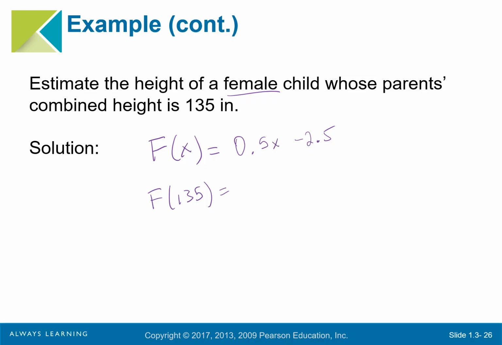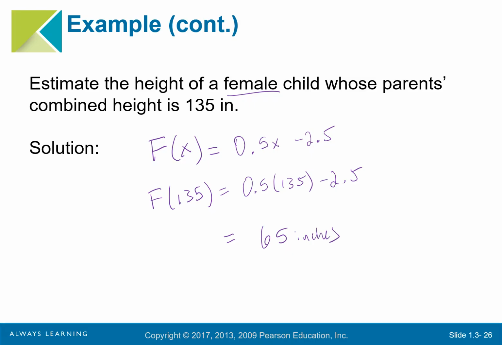Okay, so if I plug in 135, I get 0.5 times 135 minus 2.5, which gives us, let's get the handy dandy calculator out, 0.5 times 135 minus 2.5. That gives us exactly 65 inches.